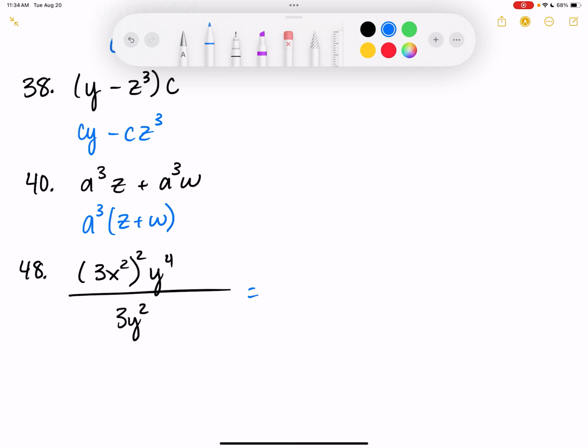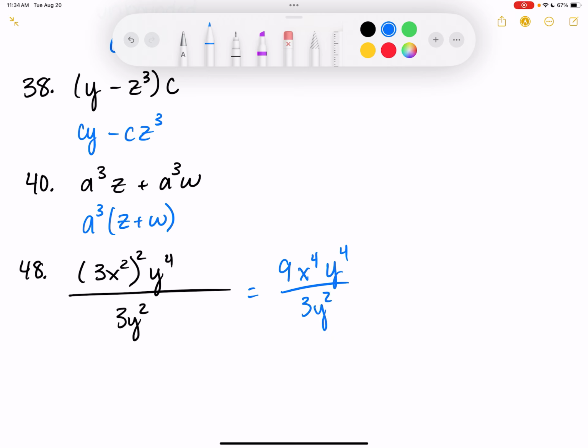So 3 squared is 9, that's where we got that from. And then we need to remember, because sometimes people get confused about this, we multiply the exponents here. So that's x to the fourth. I'm saying that just to make sure y'all weren't adding them in your head. But you multiply them. And then I have y to the fourth over 3y squared. Now what do I do?